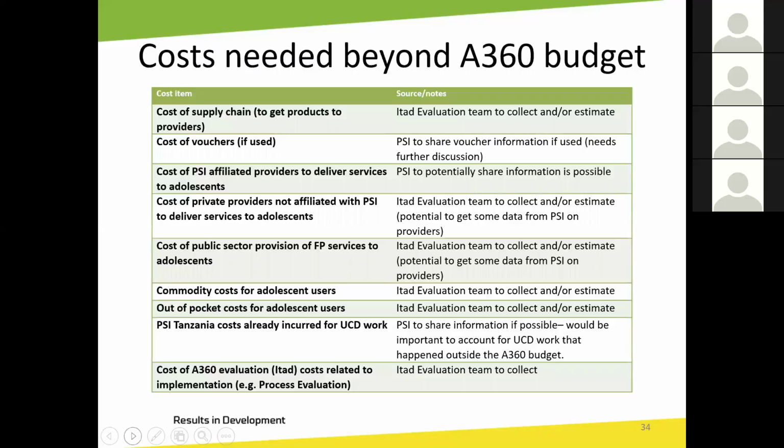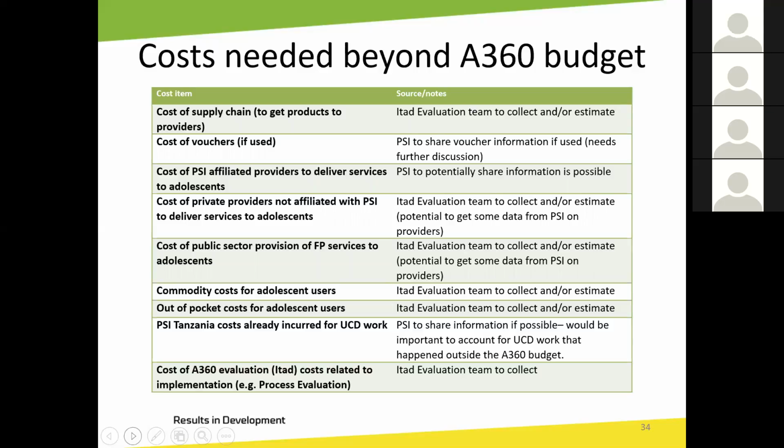This is just a little summary table of some of the things that we are thinking about in the cost. I'd say the one that's probably most relevant for you guys is thinking of costs related to specific elements of the design. So for instance, if a design is used that uses vouchers, there might be a need to look at how we're capturing those costs.